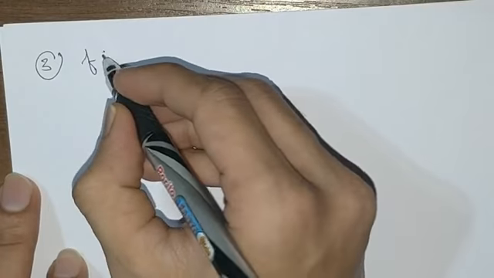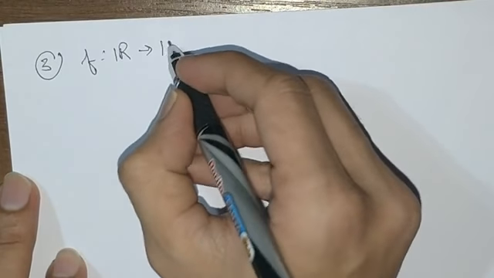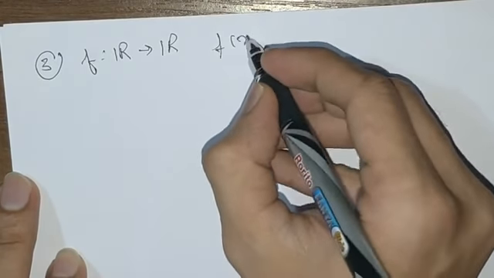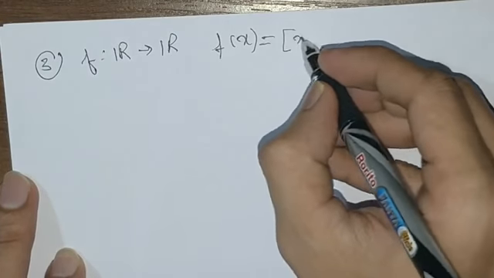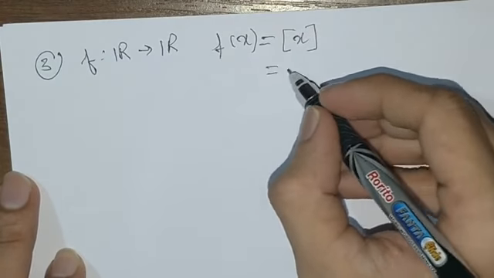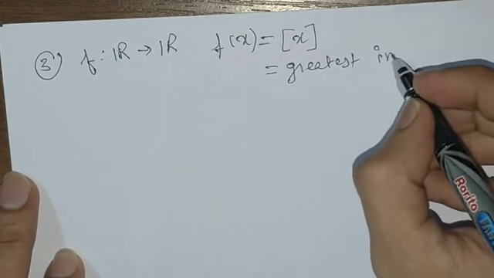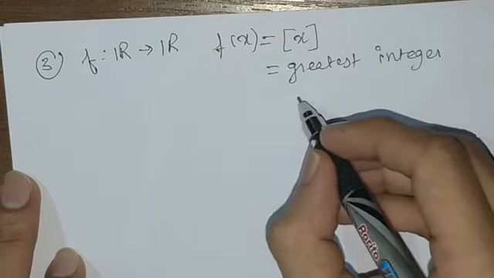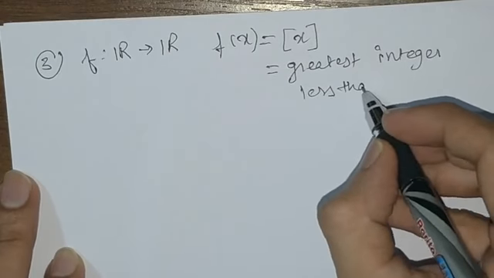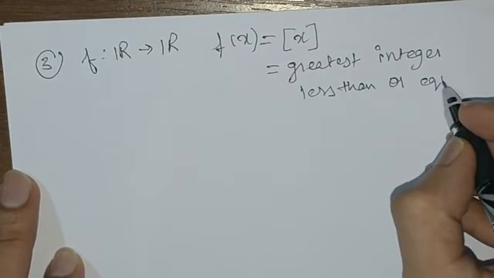You are given a function f from R to R defined by f(x) equal to [x], which is equal to the greatest integer less than or equal to x.